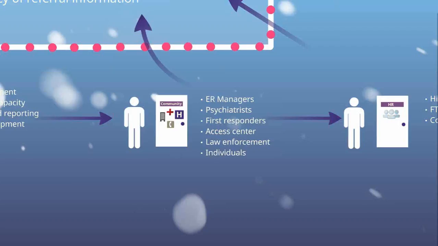Law enforcement is another good group to talk to because they have a lot of exposure to psychiatric emergencies. And lastly, the individuals that you would potentially serve are also really important to get in contact with. What would they want to see in a program, and how could that be helpful?